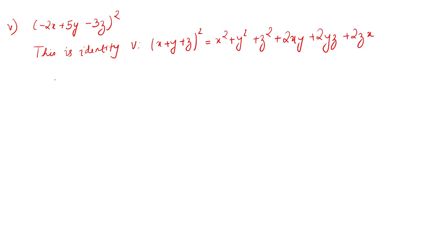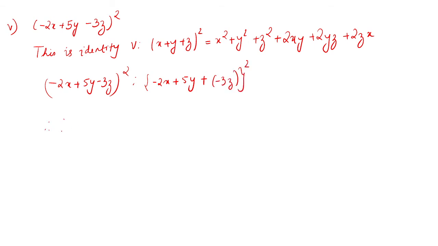Now you can see again, if you want, you can write this given equation in the form of this, no problem, right? So you can write minus 2x plus 5y minus 3z as, x will remain unchanged, so minus 2x plus 5y plus what is going to be z, minus 3z, the whole thing square.